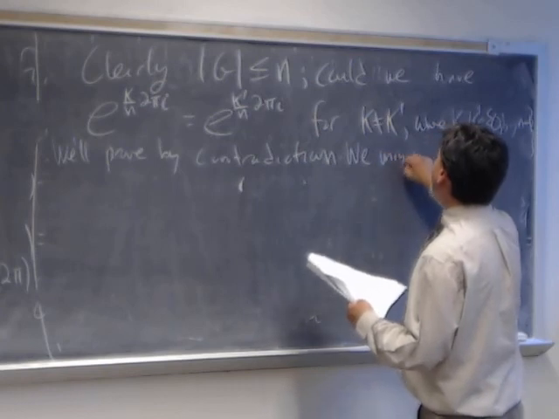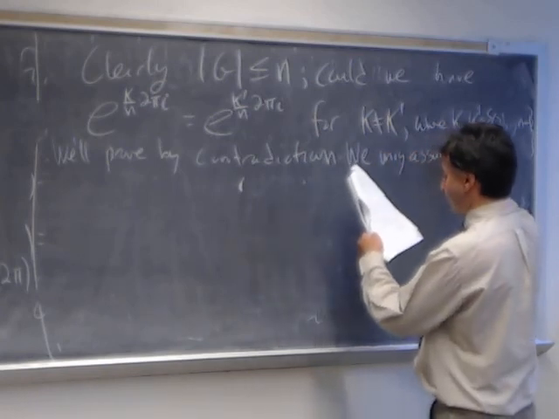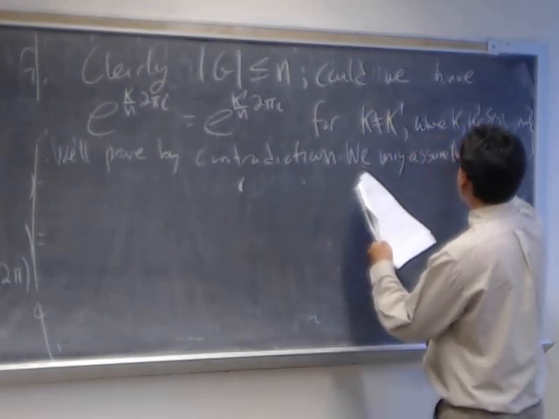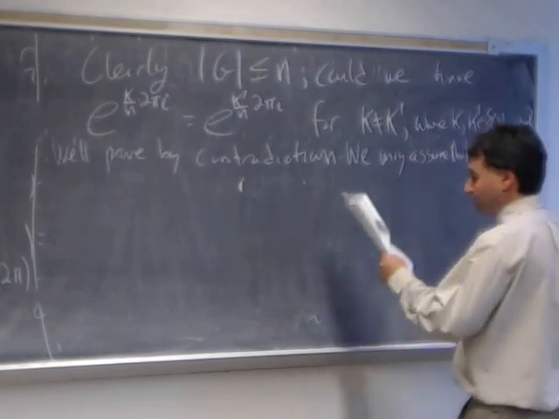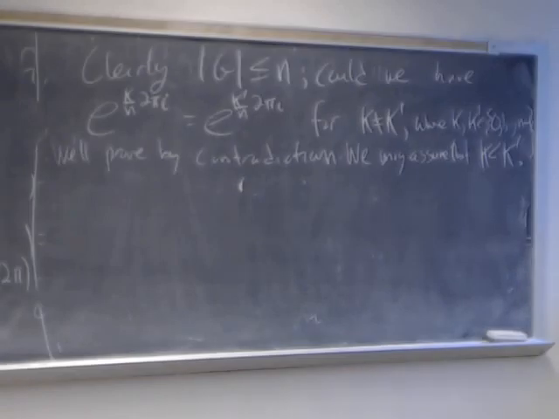We may assume that K is less than K prime. Again, the proof for K prime less than K is in the notes, but even without the notes, what I'm going to do on the board gives you the same idea.